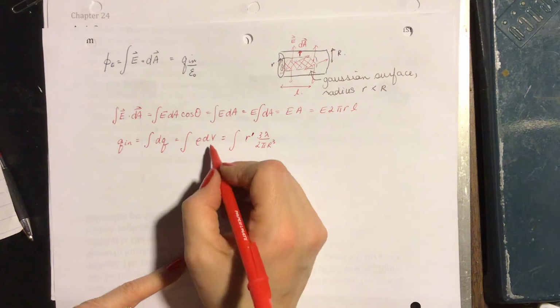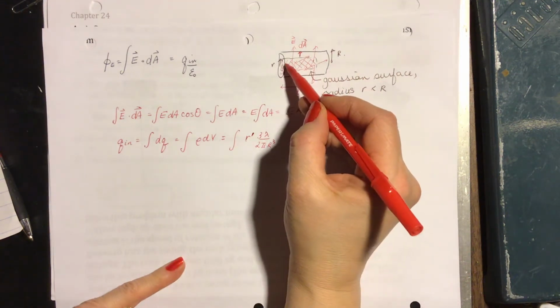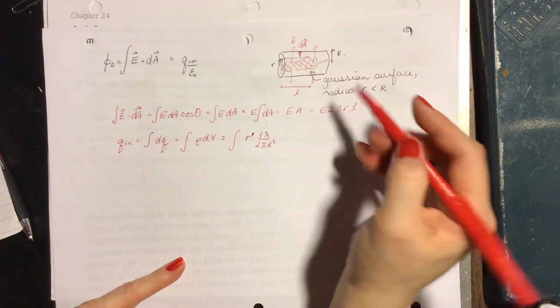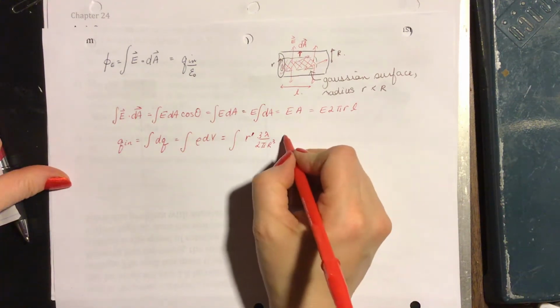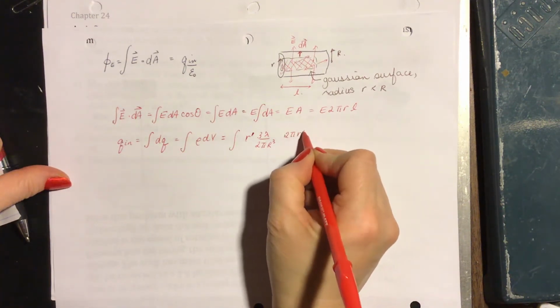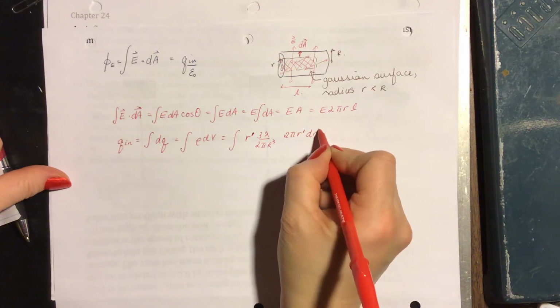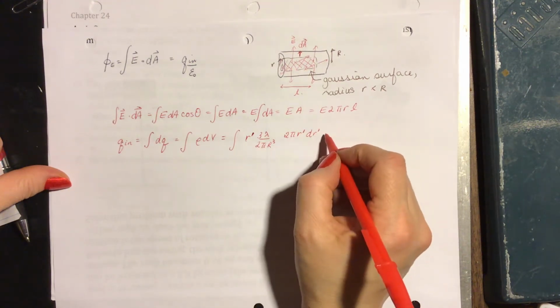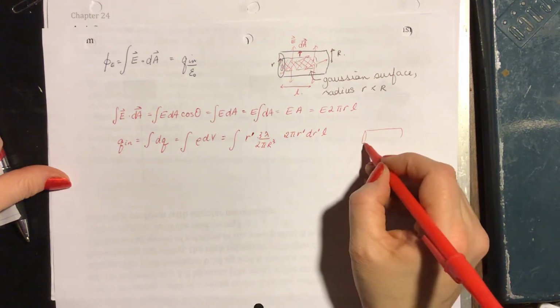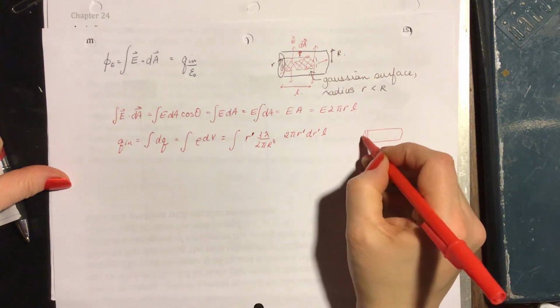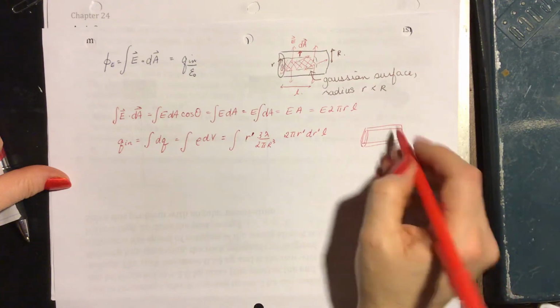That's our expression for density. dV is a volume element within here, a thin shell. Like we had before, that thin shell has a volume of 2 pi times r primed times the thickness dr primed, times the length of the cylinder. So inside of our Gaussian surface is a little shell that has a radius r primed.